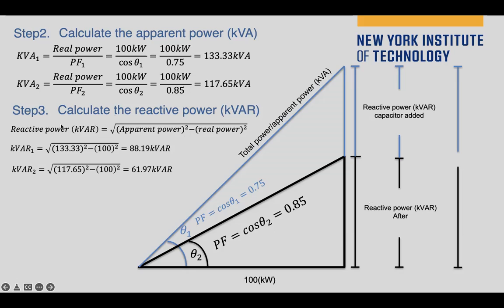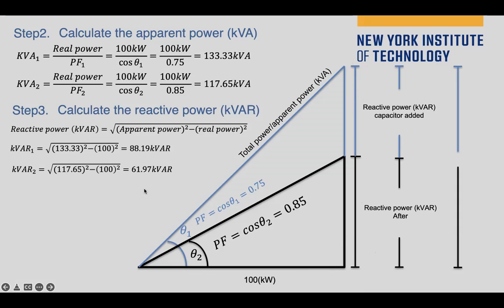So we can obtain the reactive power for this large triangle, from the square of the total power before minus the real power square, then we can obtain this value, the whole range of the vertical value.